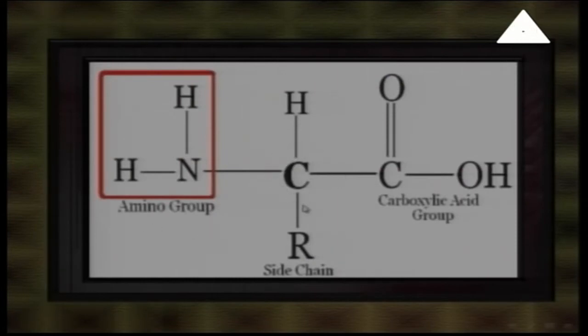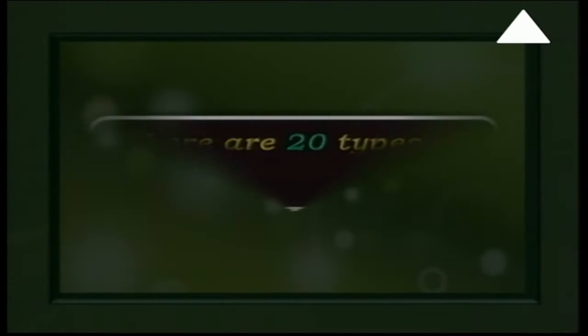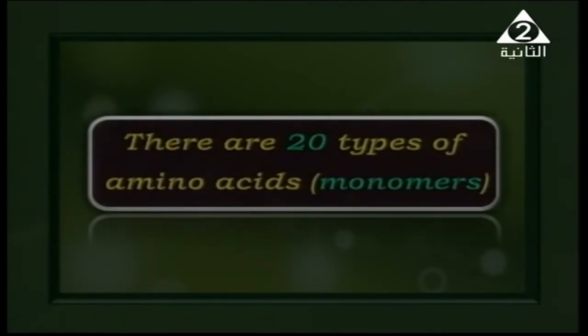This is the chemical formula of amino acid. It consists of a carbon atom attached to an amino group, a carboxyl group, a hydrogen atom, and the terminal group or side chain that differs from one amino acid to another. We have about 20 types of amino acids that are called monomers. Do you remember?